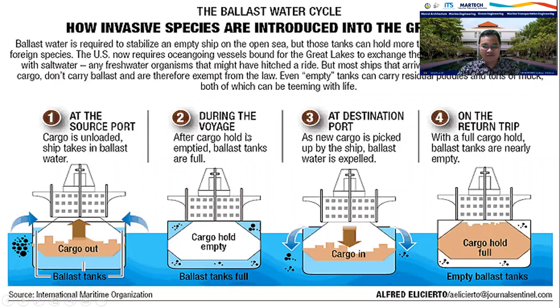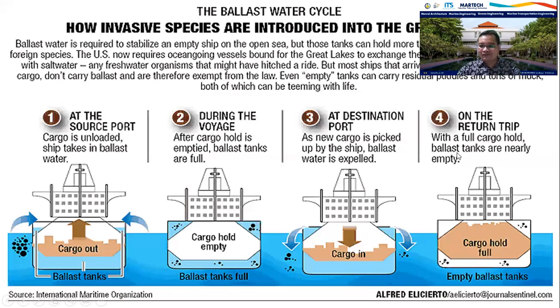Then during the voyage, after the cargo hold is emptied, the ballast tanks are full, then it goes to the destination port. A new cargo is picked up by the ship, then ballast water is expelled. So in this case, there is some introduction of new species to another port.